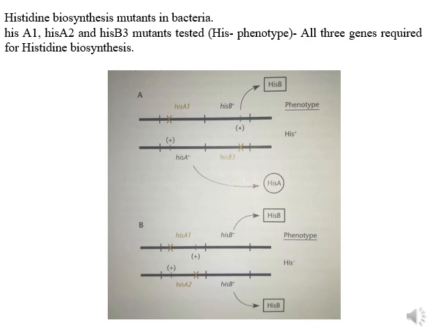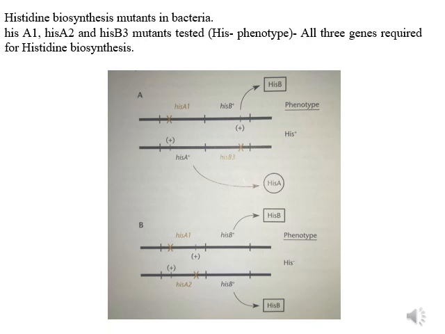Now consider case A and case B. We have two cases in our example. In case A, there is a mutation in hisA1 on one particular allele. However, hisA on the other allele is of the wild type. Now, hisB is of the wild type in one homologous chromosome.